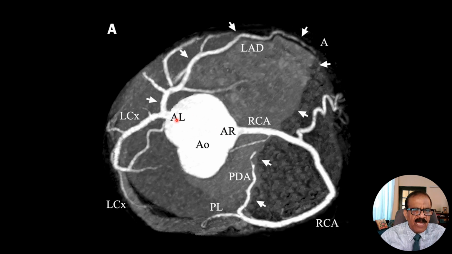On the other side, this is the left main, a very short left main, and then there is the left anterior descending artery, and you have the left circumflex artery and its branches. So how nicely you can see all these branches on CT angiography, and all are normal. So if you have CT angiography and you see these kinds of vessels, coronary artery disease can be ruled out mostly.